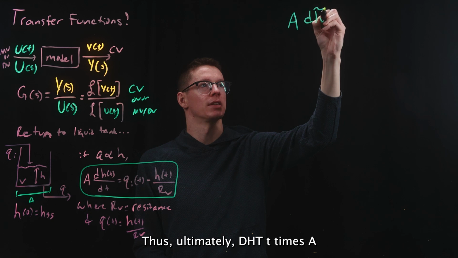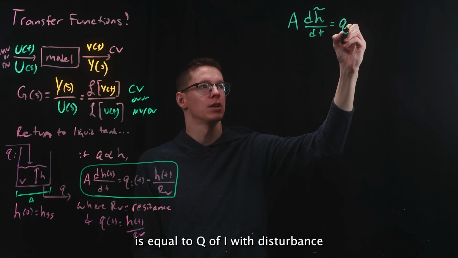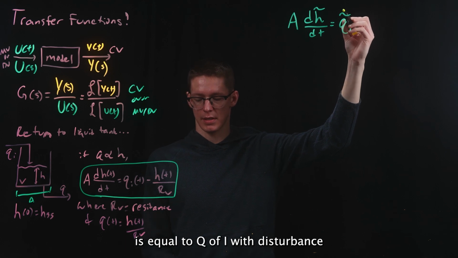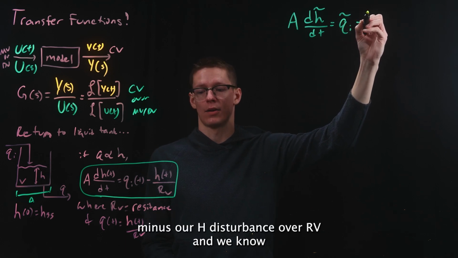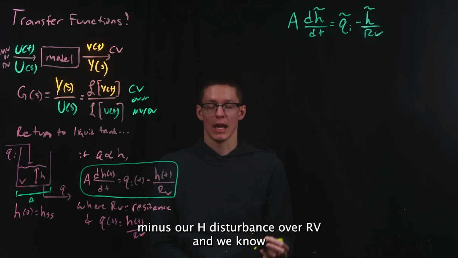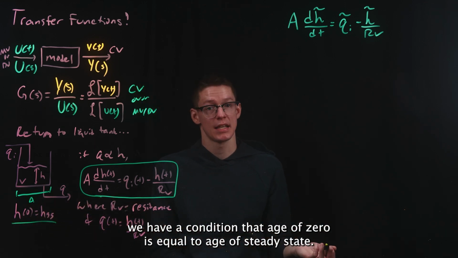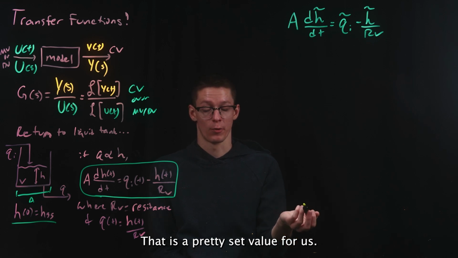Thus, ultimately, A times dH/dt is equal to Qi with disturbance minus our H disturbance over RV. And we know we have a condition that H of 0 is equal to H of steady state. That is a pretty set value for us.